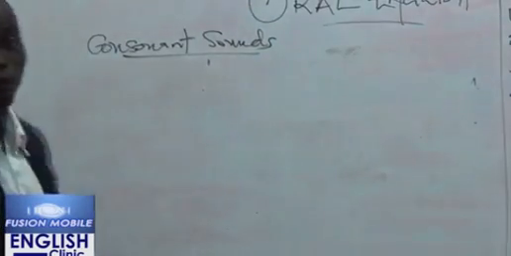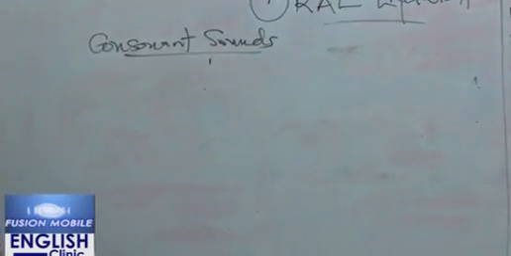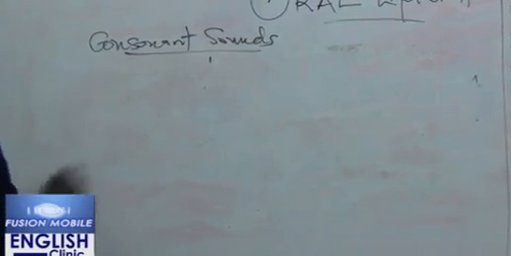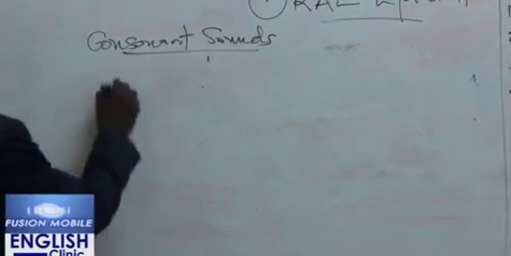Now, there are 24 consonant sounds in the English language. Like I said before, there are 24 consonant sounds in the English language. And the 24 consonant sounds are the following.